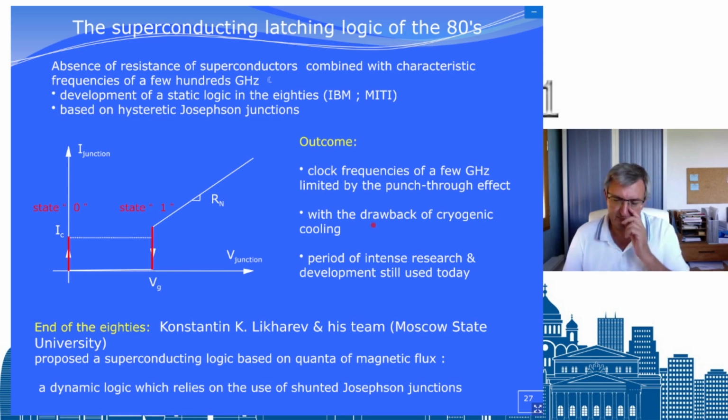So there has been a lot of development, and some of these books that I mentioned before, really all the knowledge of superconducting electronics comes from this period where there has been a lot of investment. The primary objectives were maybe not totally reached, but a lot of things have been achieved and we use them now.